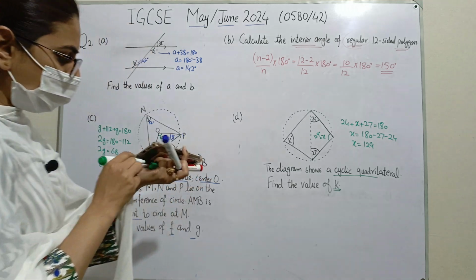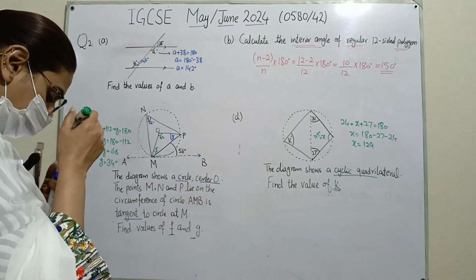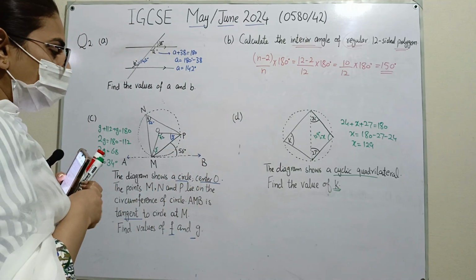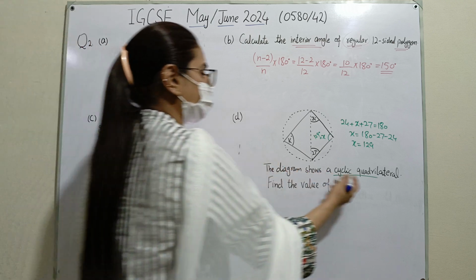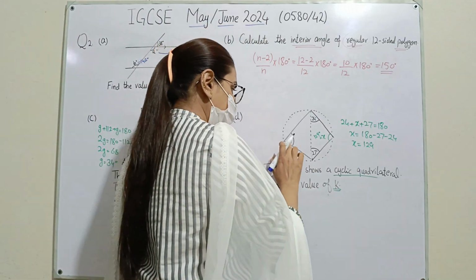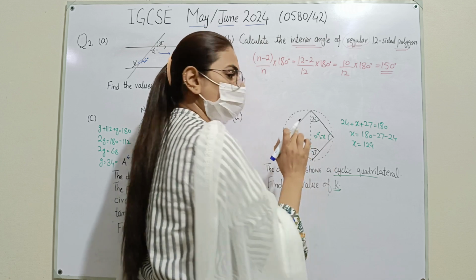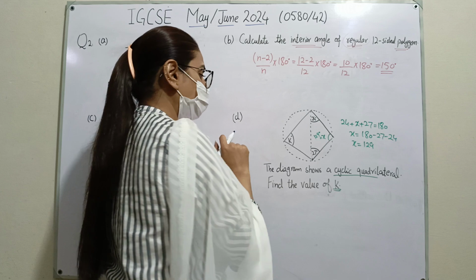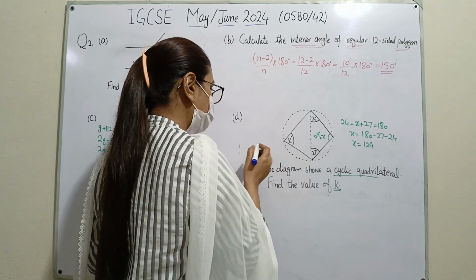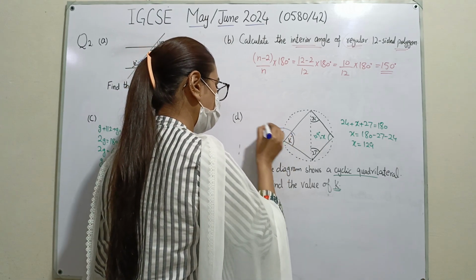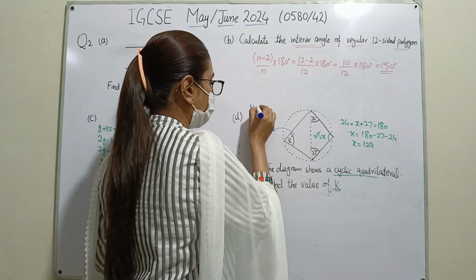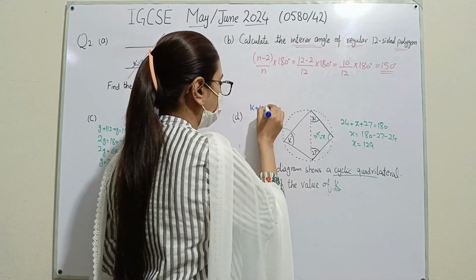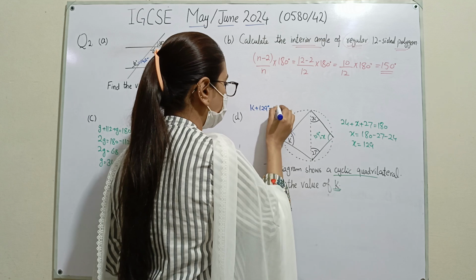Now you have the result. The result is actually for a cyclic quadrilateral. The sum of these two angles is equal to 180 and the sum of these two angles is equal to 180. So we'll use the result over here in order to find out K. The sum of K plus 129 degree is always equal to 180 degree.